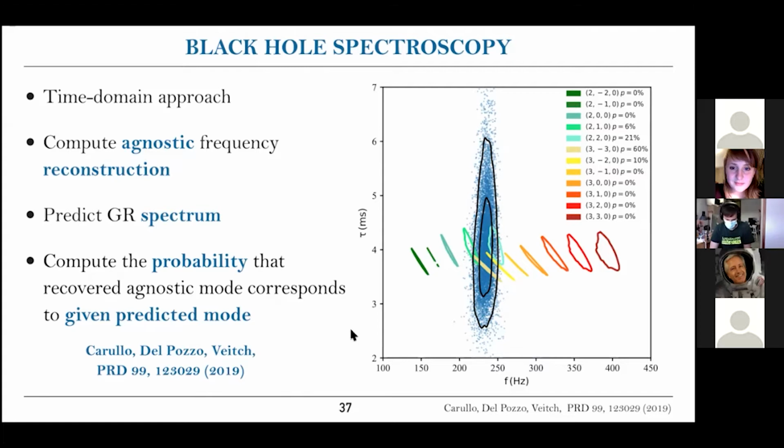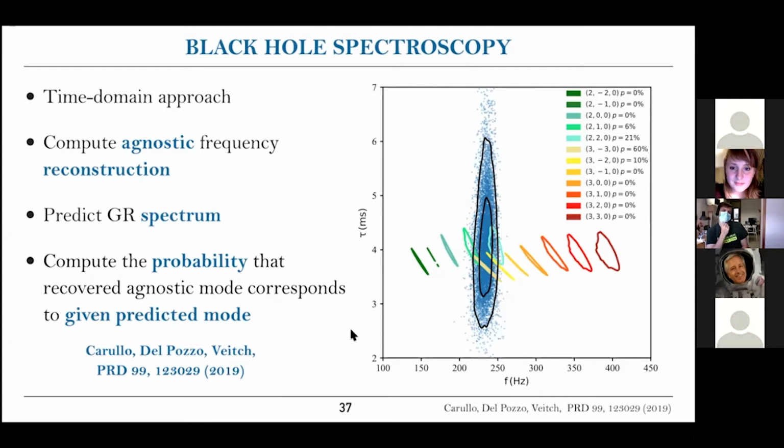So this theoretical prediction from GR that you make in the circle, so in the colorful contours, they assume some mass and spin, right? Because otherwise there is no prediction you can make. Yes. So there are several ways you can do this. This is computed assuming the full IMR emission, but of course, for example, once you measure two modes, you can imagine you measure two agnostic modes.